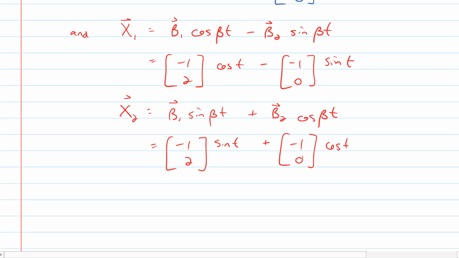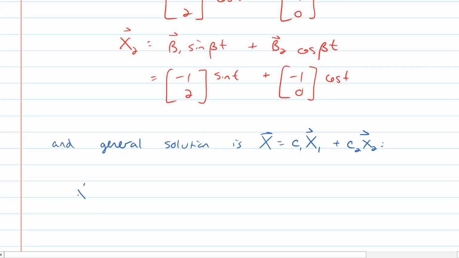And the general solution is capital X is equal to C1 x1 plus C2 x2.